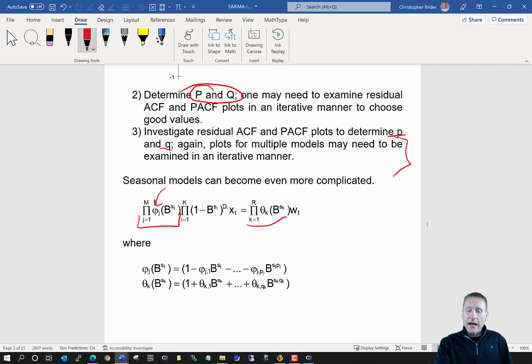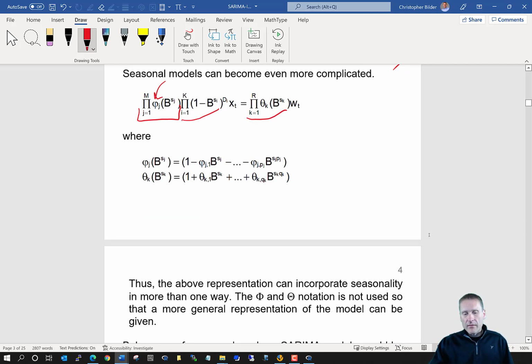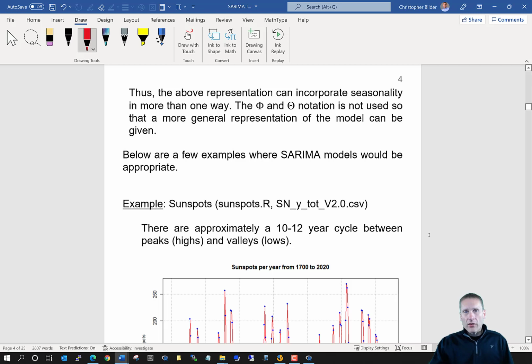You could have capital R different moving average aspects as well, and capital K different differencing aspects too. In our class, we will just simply focus on having one seasonality component and one non-seasonal component to our models.